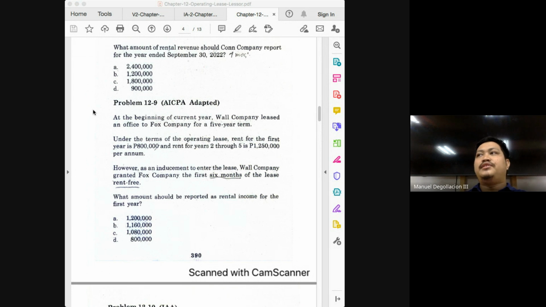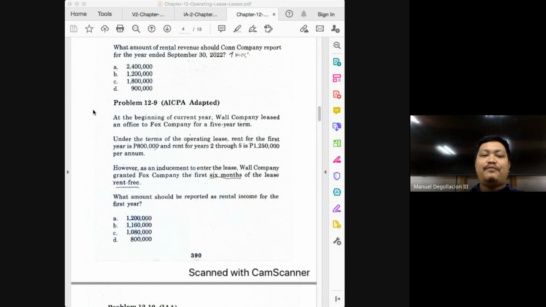So again, just compute the total amount you expect to receive from the contract. How much are you going to receive for year 2, 3, 4, and 5? 1,250,000 per year. And how many years is that? That would be 4 years. So 1,250,000 times 4 will give you 5 million.